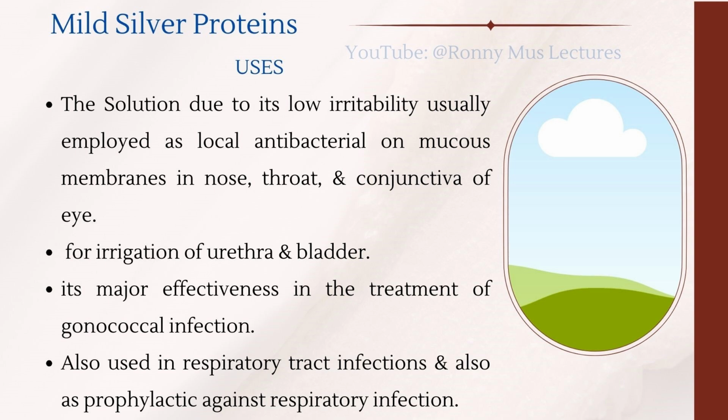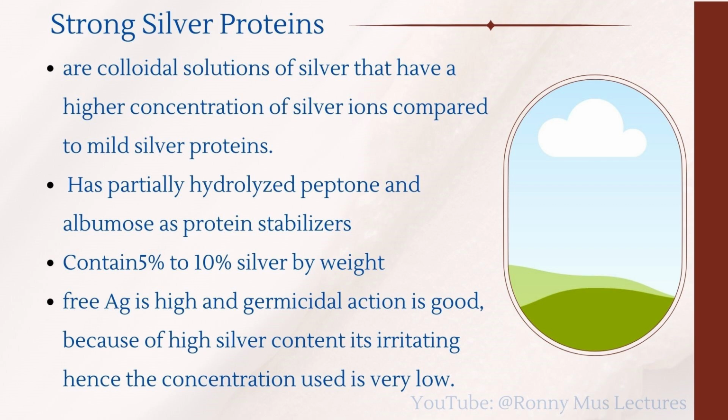This preparation is also used for irrigation of the urethra and bladder. Its major effectiveness is seen during the treatment of gonococcal infection, and it is also used in respiratory tract infections and prophylaxis against respiratory infections. Silver proteins.